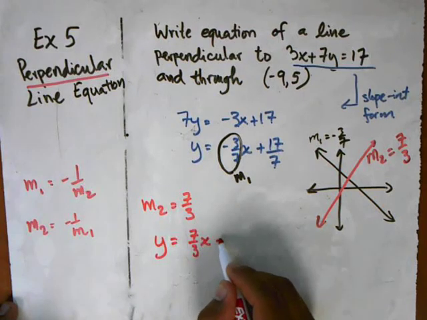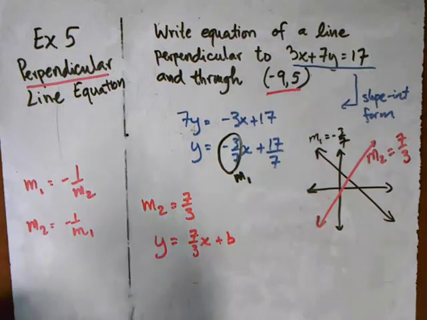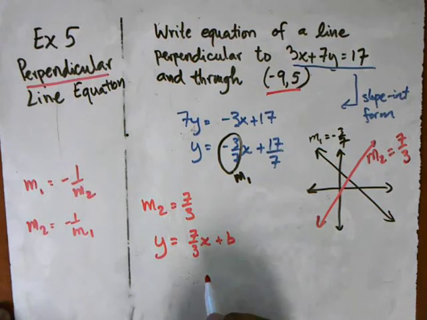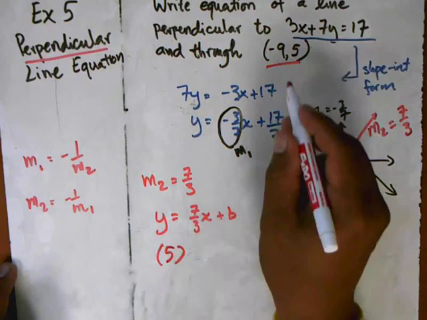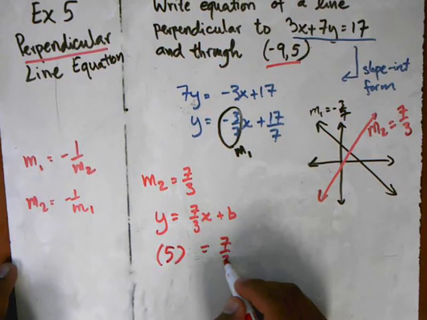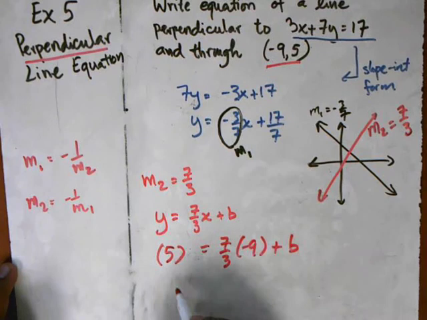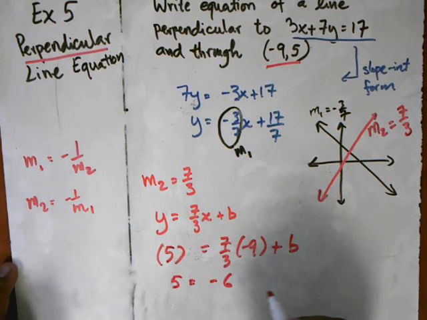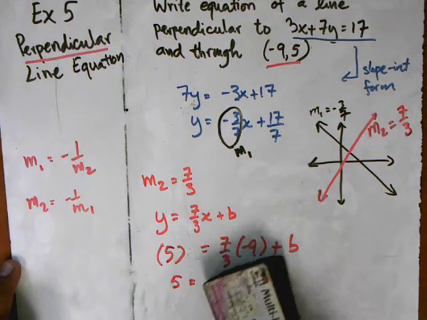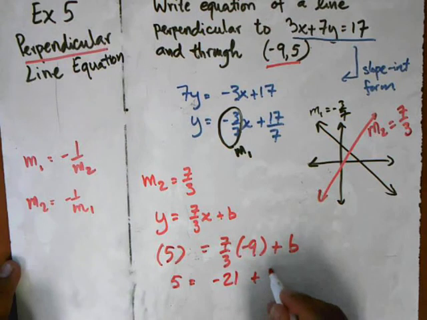So from that, we can set up our equation. y equals 7/3 x plus b, and then use this point here to find the value of our y-intercept. So substitute in 5 for y, negative 9 for x, solve for b, and you get 5 equals negative 63/3, or excuse me, that's just negative 21.